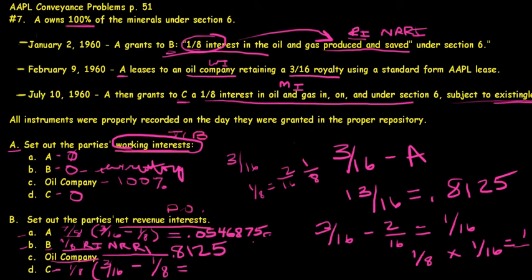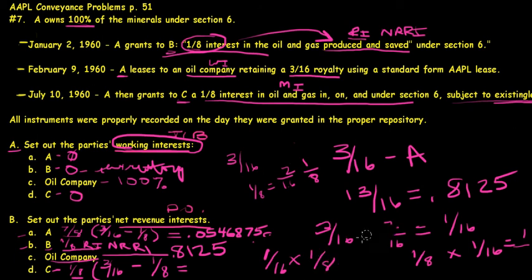So what we're looking at for party C is exactly the way we did the calculation up here: 3/16 minus 1/8, which I believe was a 1/16, times 1/8.